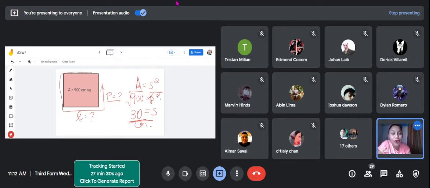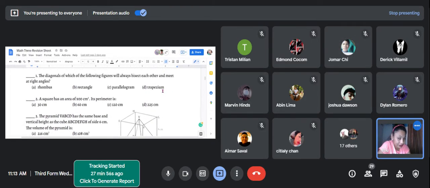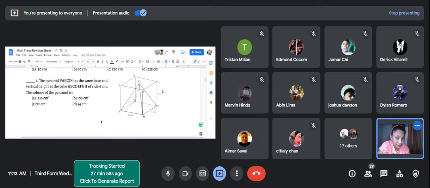And how much does 4 times 30 give you? 120, Miss. 120. Very good. So your answer for number 2 is going to be what letter? C. Letter C. Anybody has any questions? No, Miss.